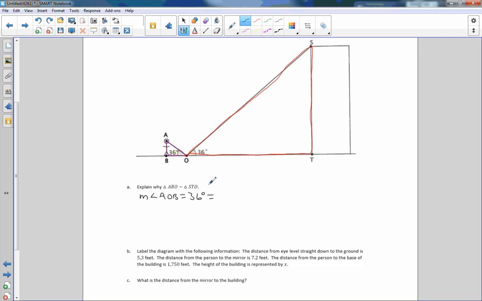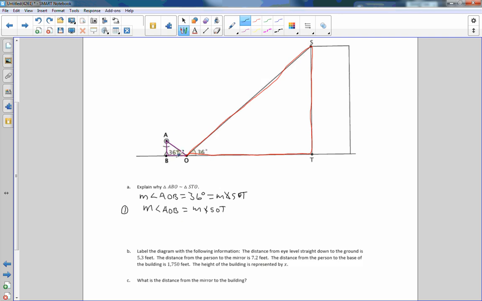And the measure of angle SOT is also 36. So if I say the measure of angle AOB equals 36, and 36 equals the measure of angle SOT, then by the transitive property I can say the measure of angle AOB equals the measure of angle SOT. So there's one angle that we have.